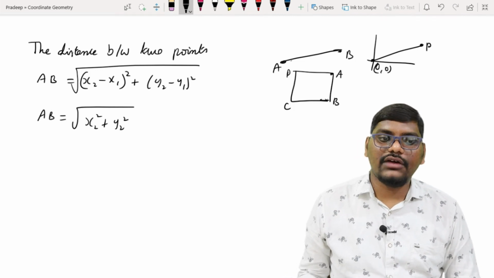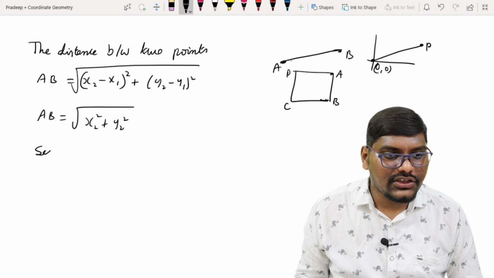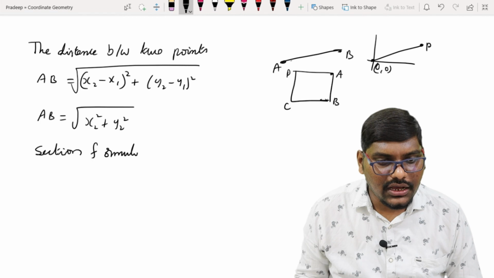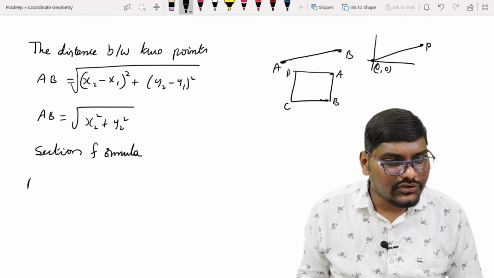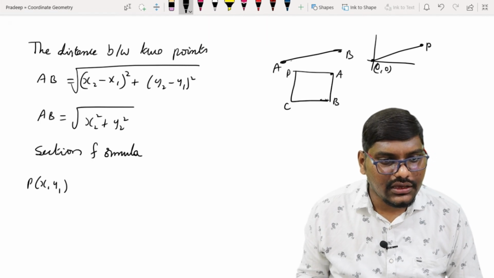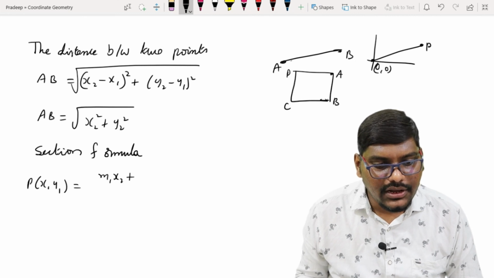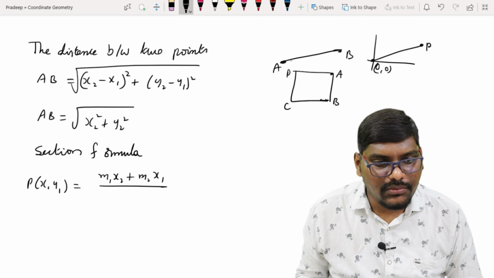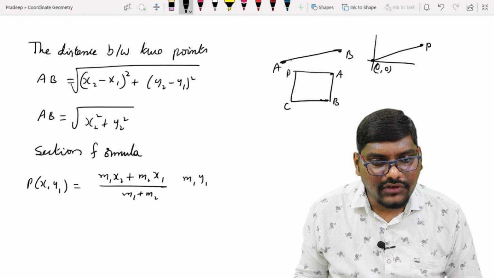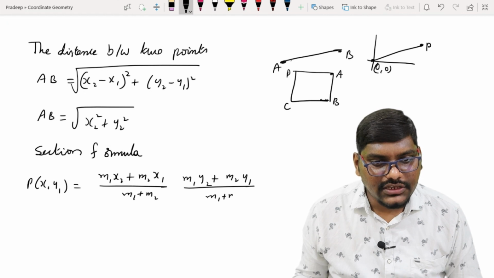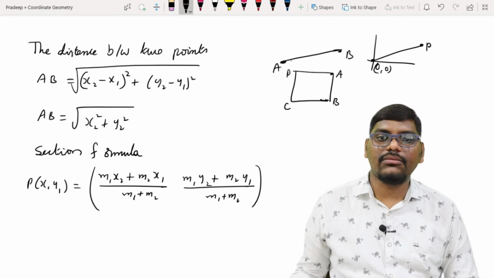The second formula which we have seen is the section formula. So what is section formula? Suppose P is (x1, y1), so I can write this as (m1 x2 plus m2 x1) by (m1 plus m2), and then (m1 y2 plus m2 y1) by (m1 plus m2). So this is the section formula.